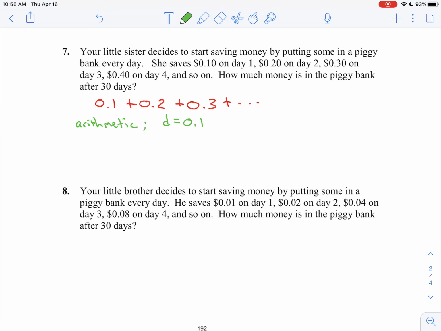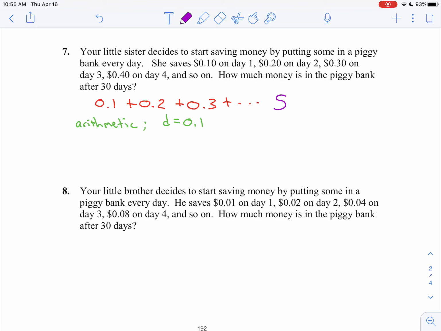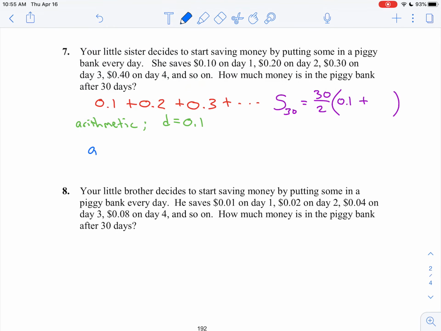So it wants the total amount after 30 days. So it's asking for a sum after 30 days. So let's fill in everything that we can. So that's the number of terms divided by 2. Then we need the first term, which we know, plus we need the 30th term, which we don't know right now. So somewhere off to the side, we're going to use a sub 30.